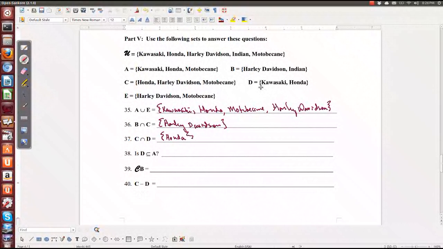In other words, is every element in D findable in A? So is Kawasaki in A? Yes, it is. Is Honda in A? Yes, it is. And so every element in D can be found in A, so the short answer is yes, D is a subset of A.